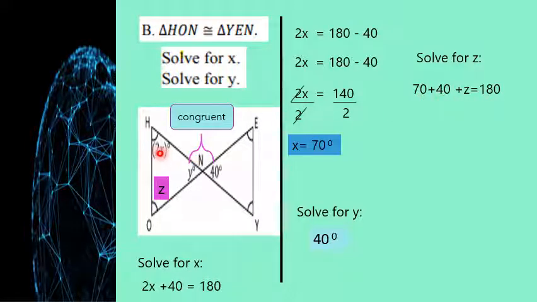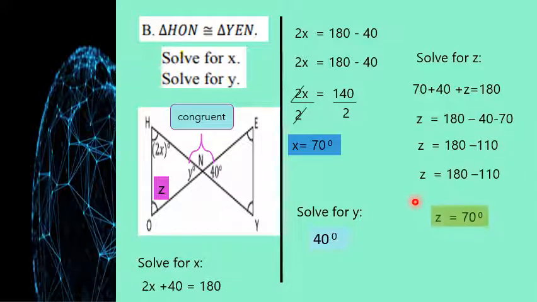Because this is angle H plus angle N plus angle O. Since we have the value for x and we have the value for y, just write the values 70 and 40. Then z equals 180 minus 40 minus 70. These two values we're going to transpose to the other side, then change the sign. Then z equals 180 minus 110. Then subtract. The answer is 70 degrees.